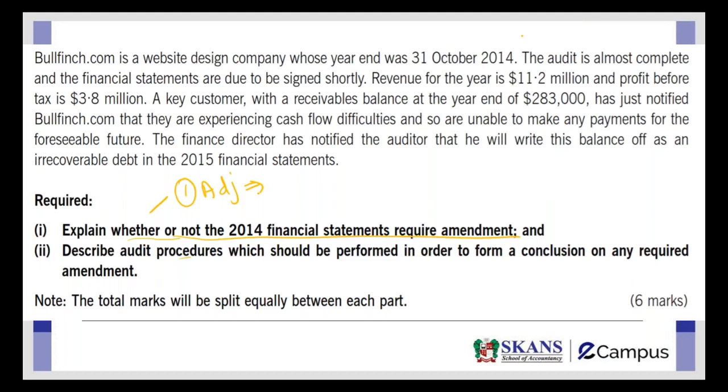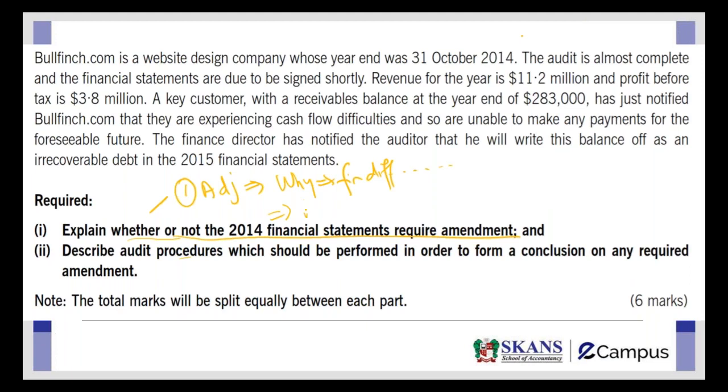So as at the year end, this receivable was not recoverable. We just found out about this later on. So an explanation that the financial difficulties condition was there even before the year end.